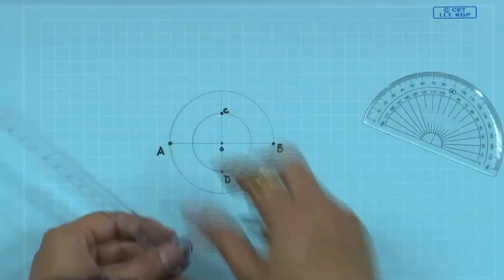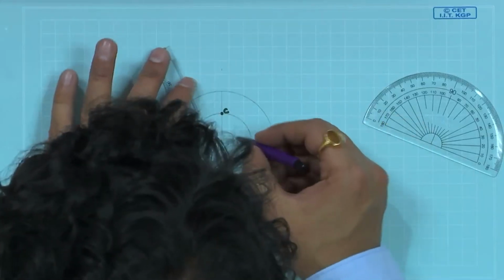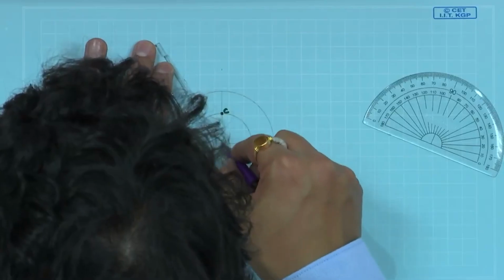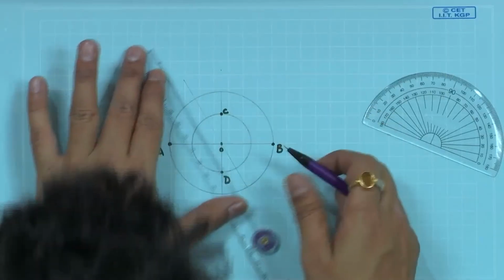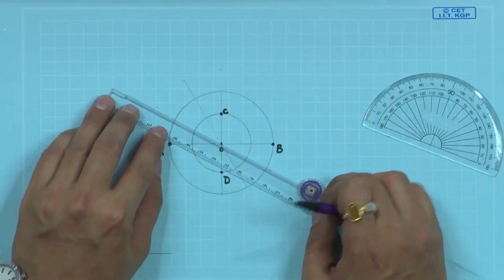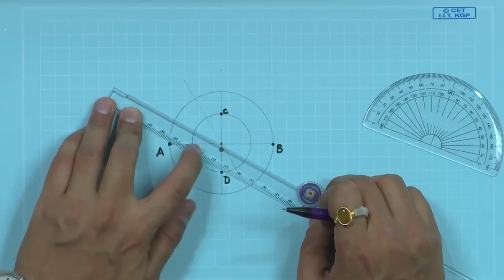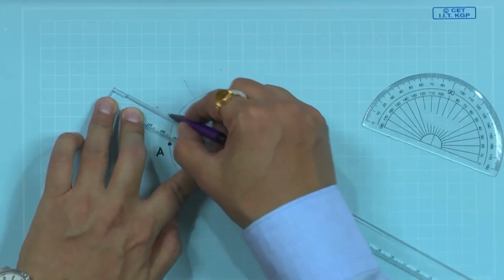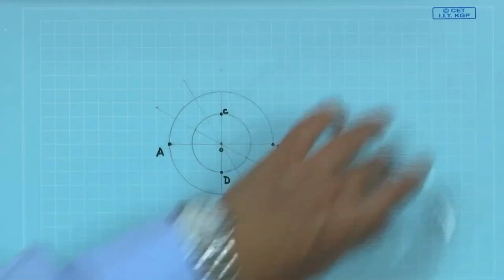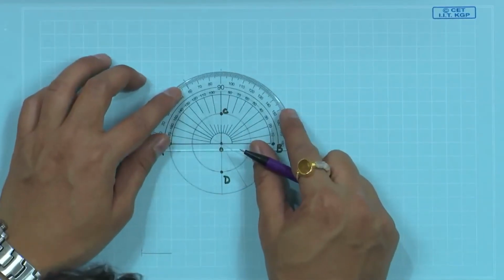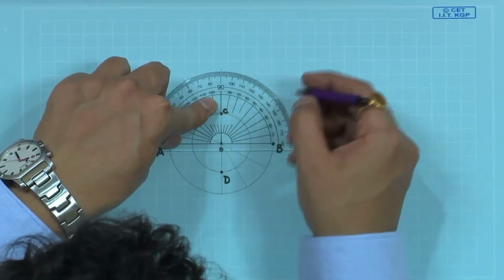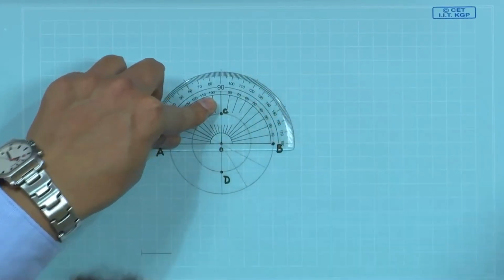Let us join these lines. And similarly, join these points. Similarly, on this side also mark these points, 60° and on this side 30°.